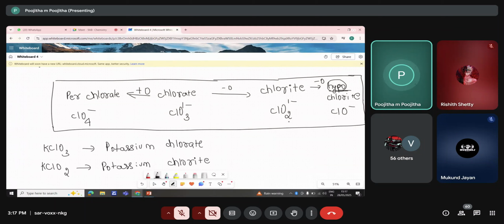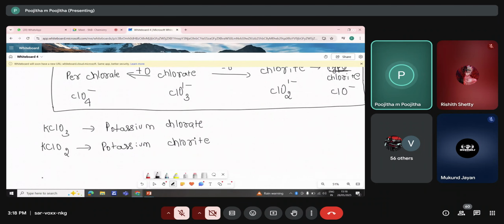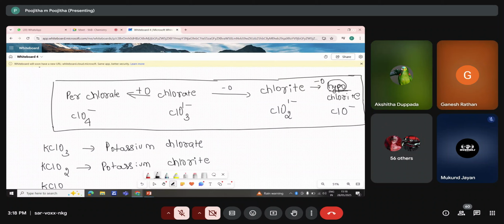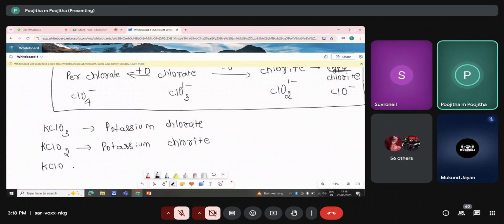Can you see ClO2 1 minus? What is it? Chlorite. Now what is KClO? Look above and answer. KClO is hypochlorite. Potassium hypochlorite.